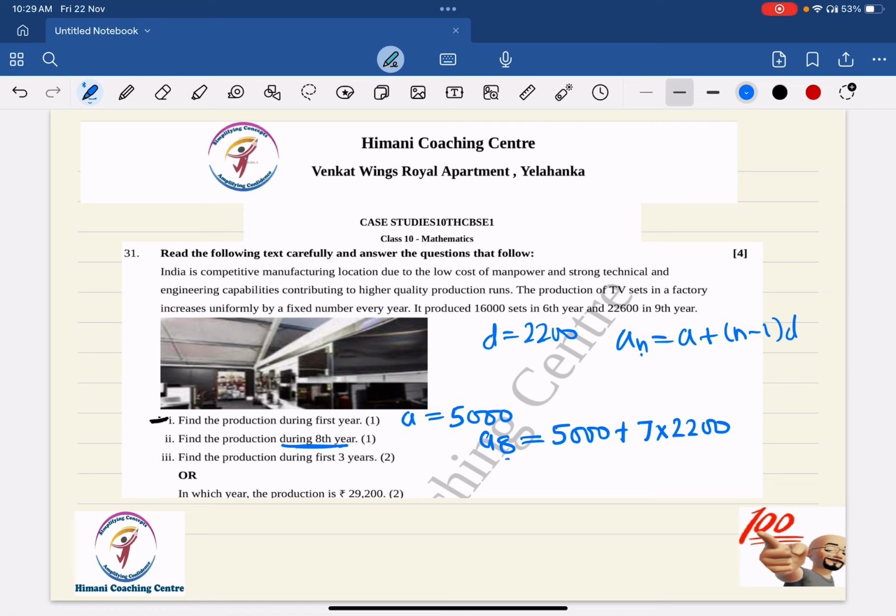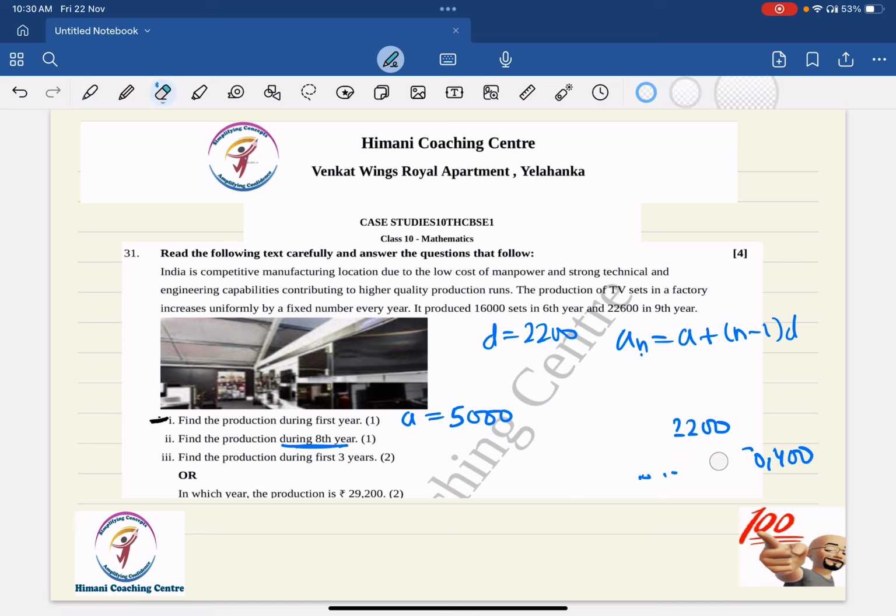N happens to be 8 and I am just putting the numbers there. So we will have 5,000 plus 15,400, and that will give us the answer as 20,400. So that is the production during the eighth year.